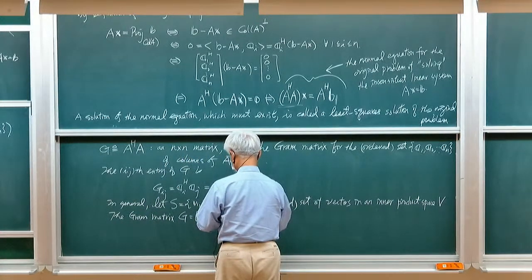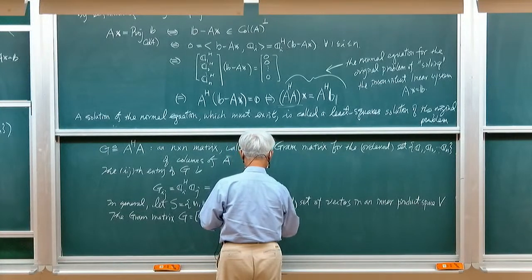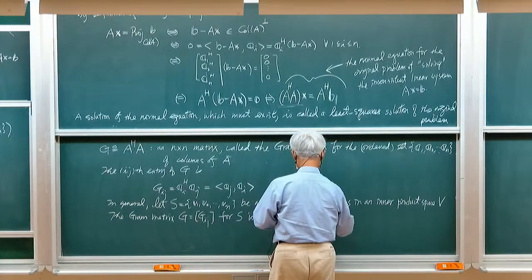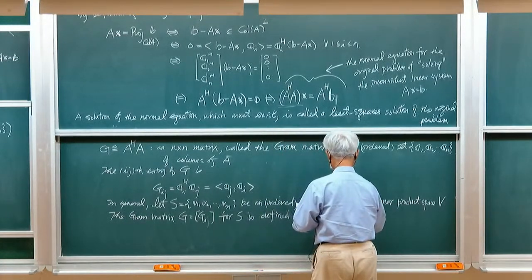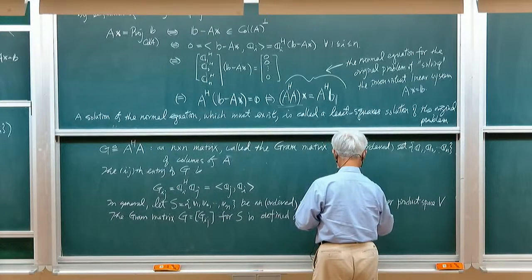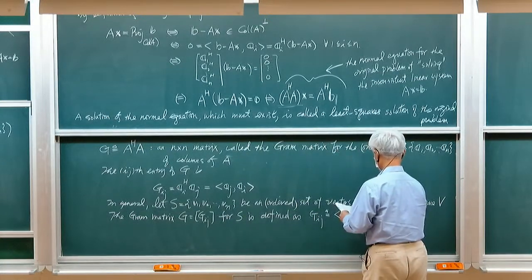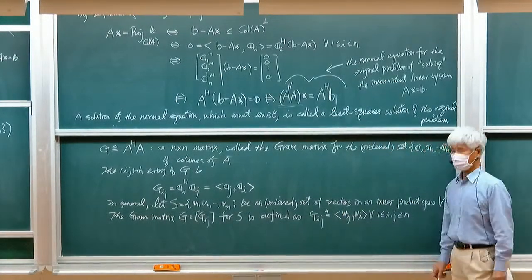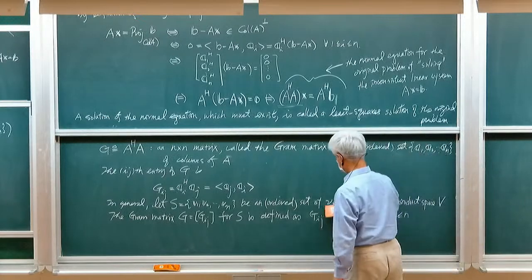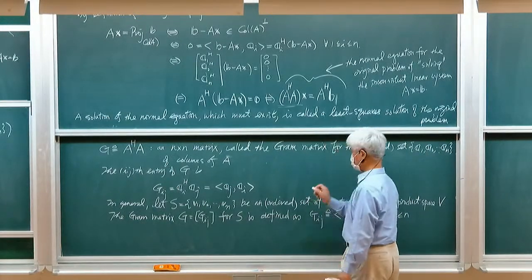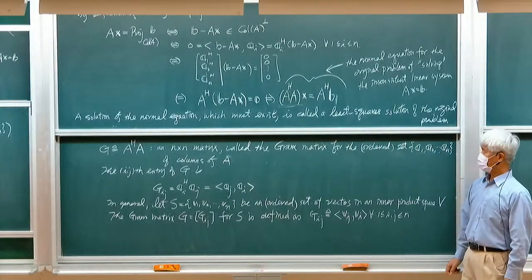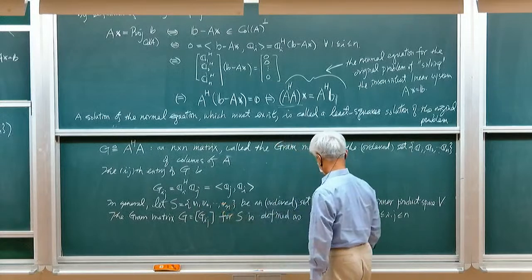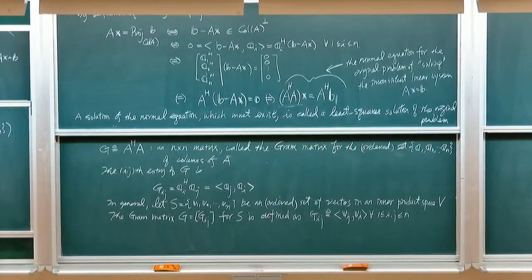It's defined as follows: G_ij is defined to be the inner product of Vj and Vi, for i, j from 1 to n. So we use the inner product to define the entries of the Gram matrix for this ordered set.